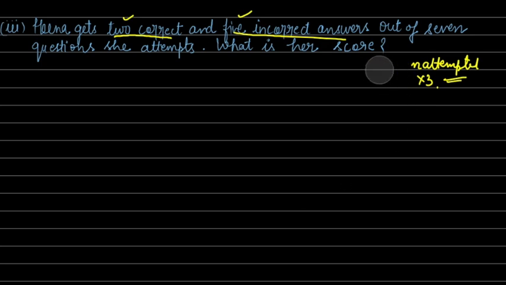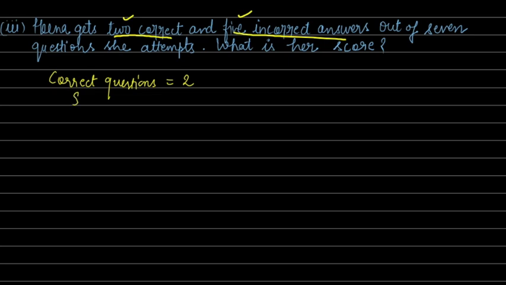So let's write the statements for this also. So number of correct questions, how many? 2. What will be the score for these questions? 2 into 5, because for a correct question we are giving 5 marks.